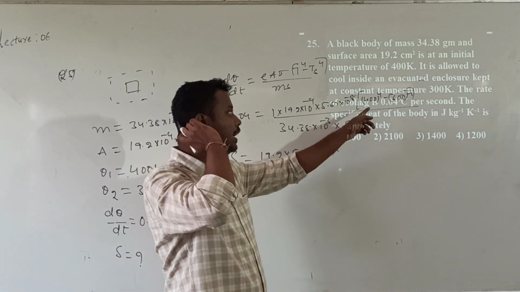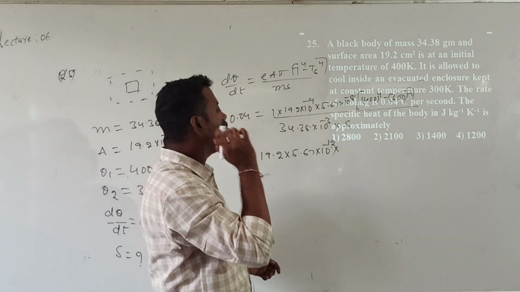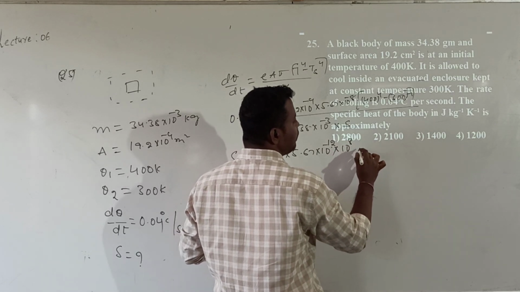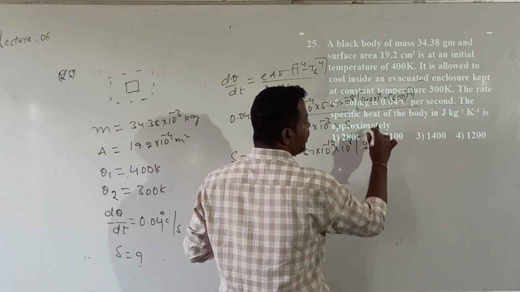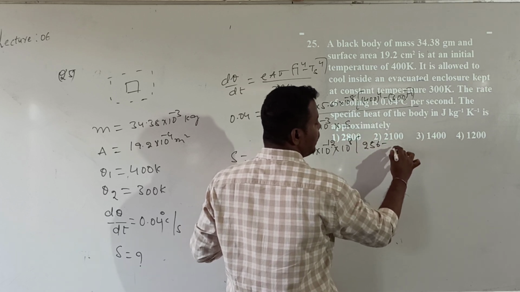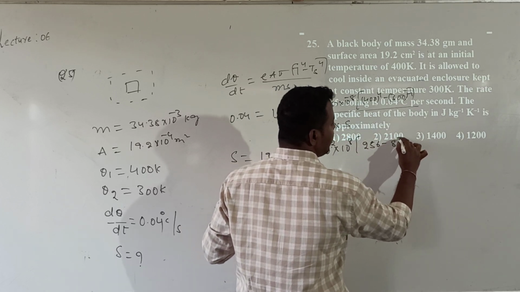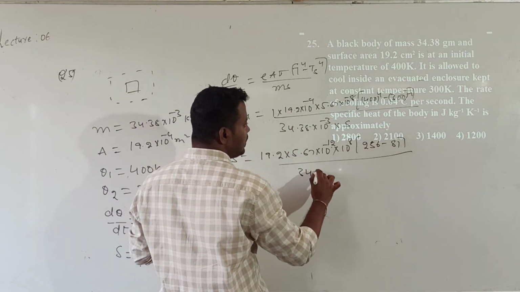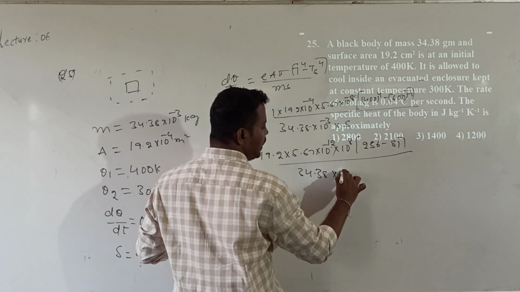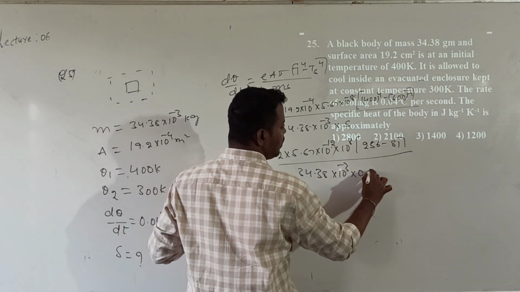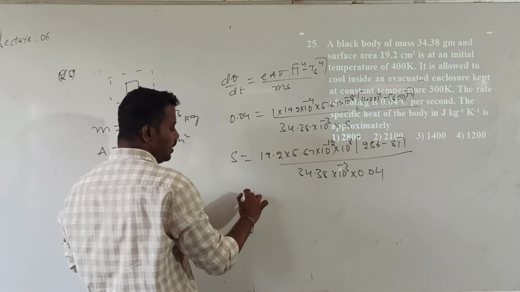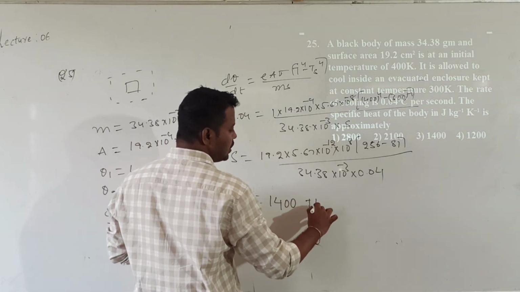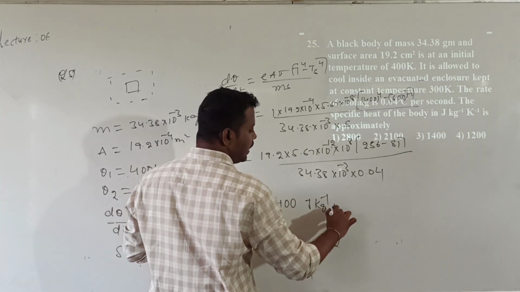Can I take 10 square common? That is 10 power 2 whole power 4 means 10 power 8, into 4 power 4 value 256 minus 3 power 4 value 81, divided by 34.38 into 10 power minus 3 into 0.04. To simplify this, you get the answer for S as 1400 joule per kg per Kelvin.